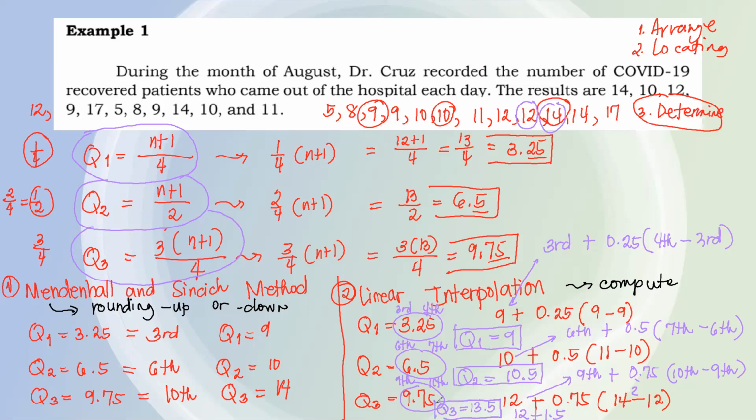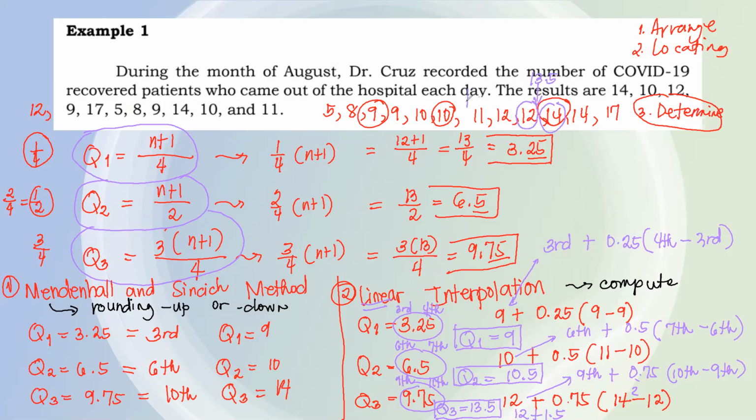So kung mapapansin nyo, sino bang mas accurate? Okay? Mas accurate is the linear interpolation. Kasi you are not doing a rounding up and rounding down. So kung makikita nyo, si 13.5, located here.